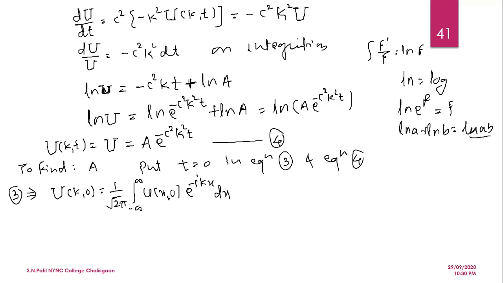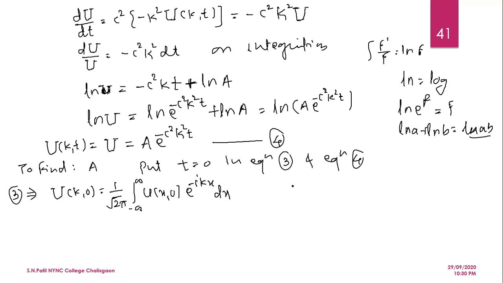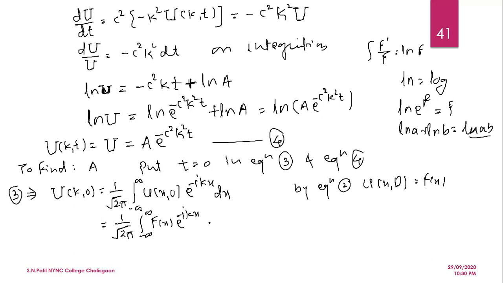Now by the initial condition, since equation 2 gives u of x comma 0 is equal to f of x, we get 1 upon under root 2 pi, integral from minus infinity to plus infinity of f of x e raised to minus ikx dx.